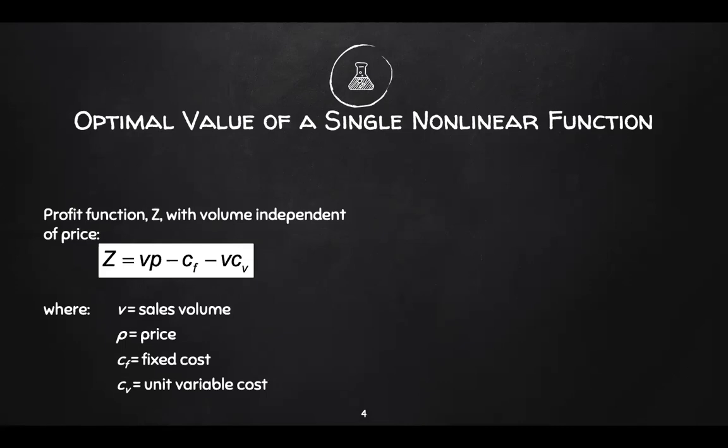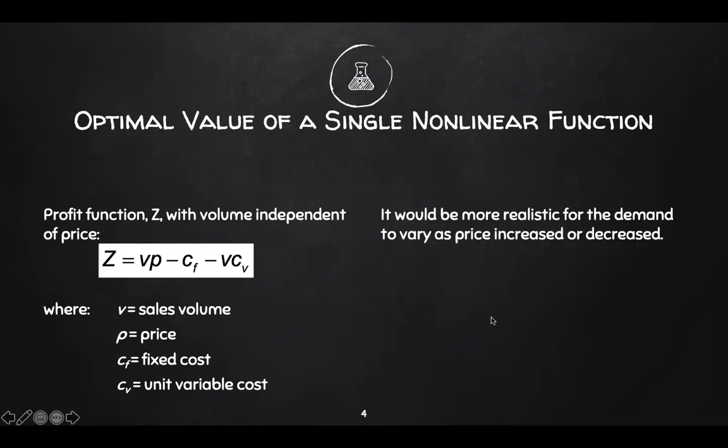Pero in the past, we have assumed that the volume is independent of the price. Meaning, kahit nagbago yung price, hindi mag-change ang volume. So kahit tumaas ang price, kahit bumaba yung price, the demand or the volume for the product remains the same.